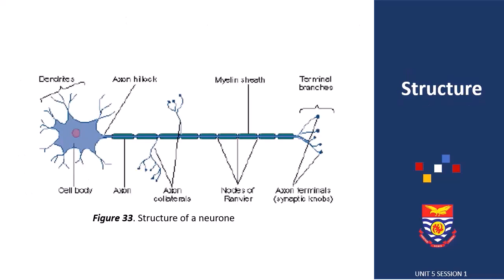In this figure is the structure of a neuron, indicating the three major parts. That's the cell body, in which the cellular organelles are found, the dendrites, which are appendages on the cell body, as well as the axon.